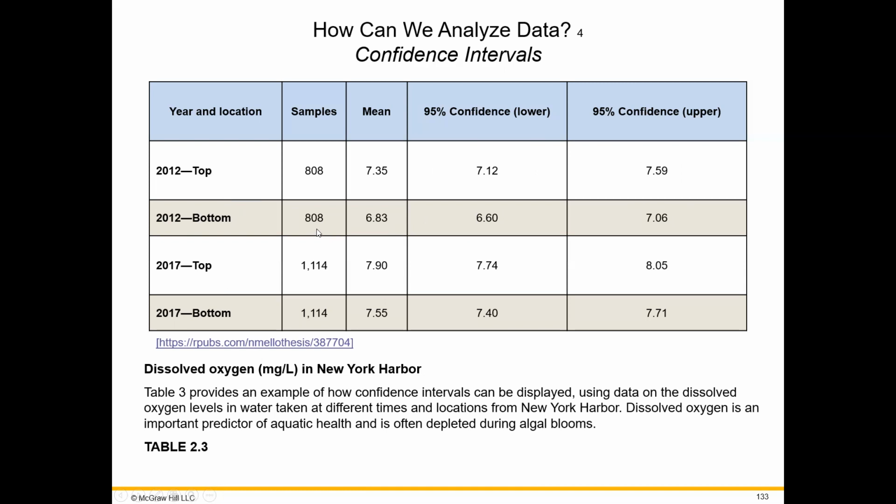Here we can see that the mean is lower and that the lower confidence interval reaches 6.60. So in this portion of the water sample with 808 water samples, it has a lower dissolved oxygen than the 2012 top.